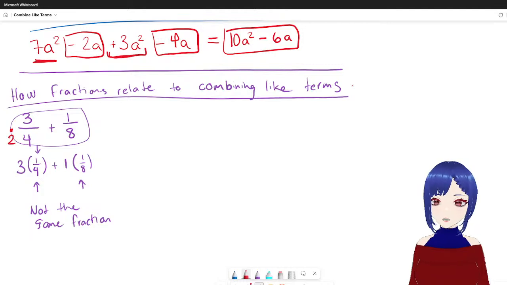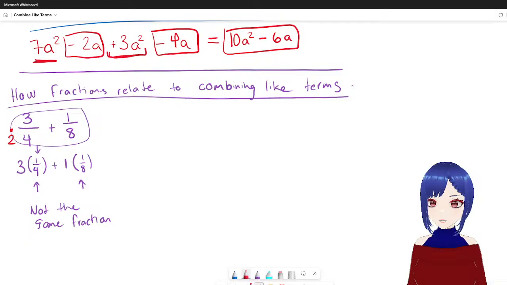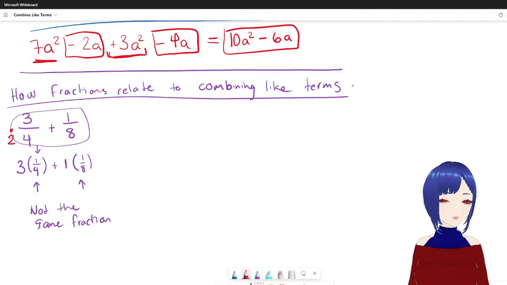But we can't just change the bottom because it makes a whole different fraction. So whatever we change to the bottom, we have to also change to the top. So if I'm going to multiply the bottom by 2, I gotta multiply the top by 2 to keep it balanced. Because in fractions, if we change one part of it but not the other, it just alters the number.